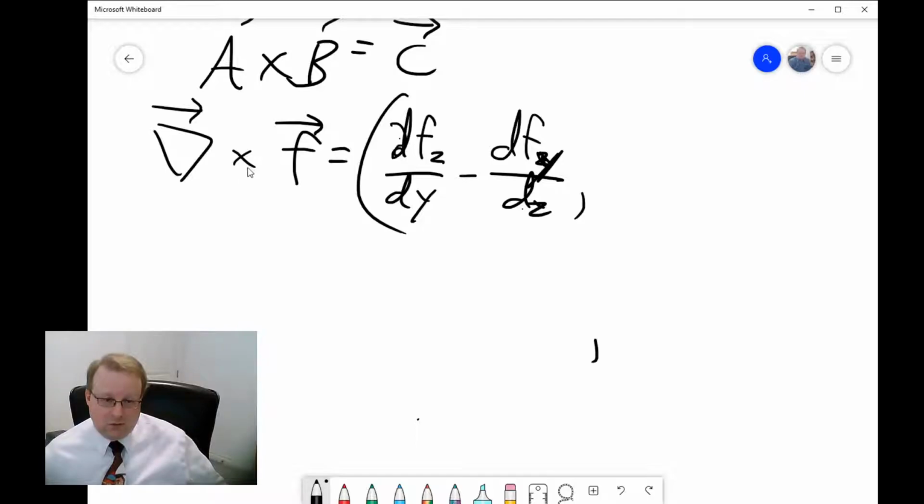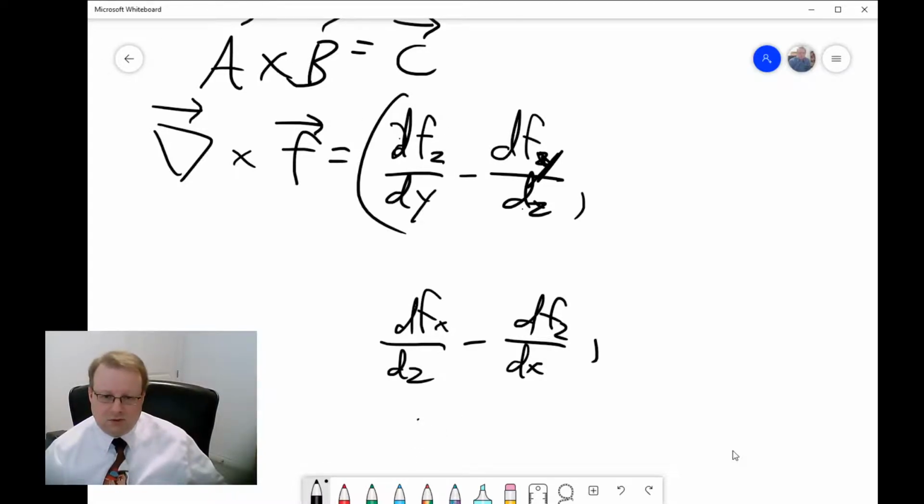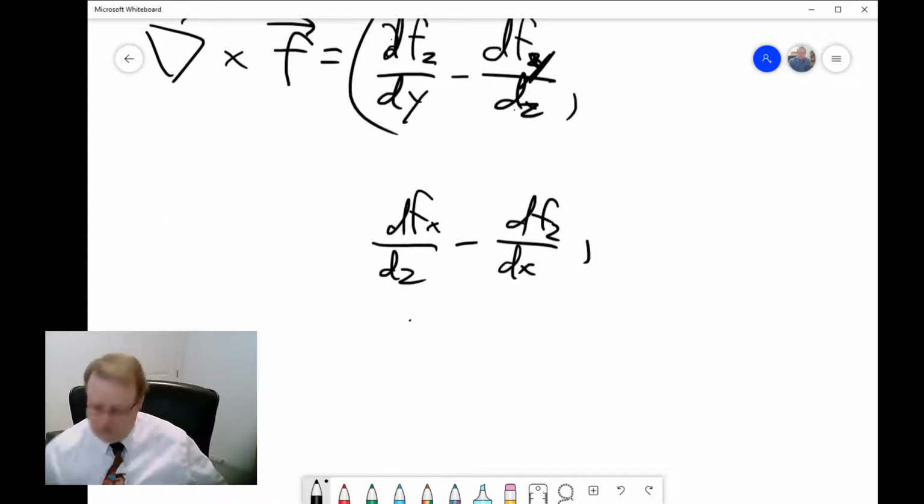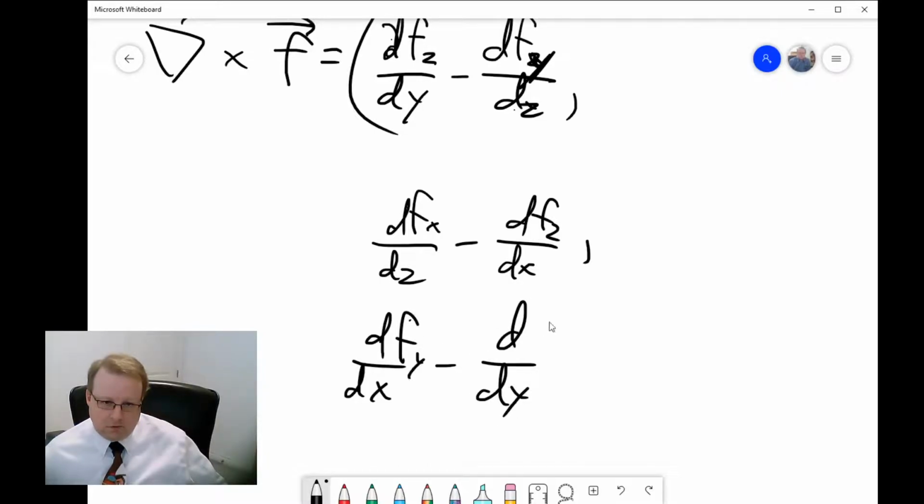So the y coordinate of this, we do have that cycle. So yes, it's the y derivative, and then the z derivative. With this one, we'll take the second one first, so it's the z derivative minus the x derivative, which means that's fx, and that's fz. And then our z component is going to be back to alphabetical order, so it'll be the x derivative minus the y derivative of fy minus fx.